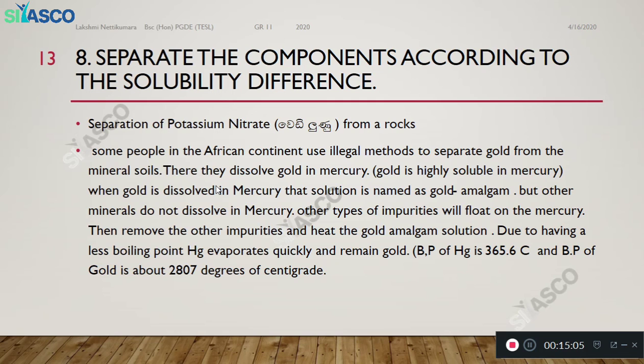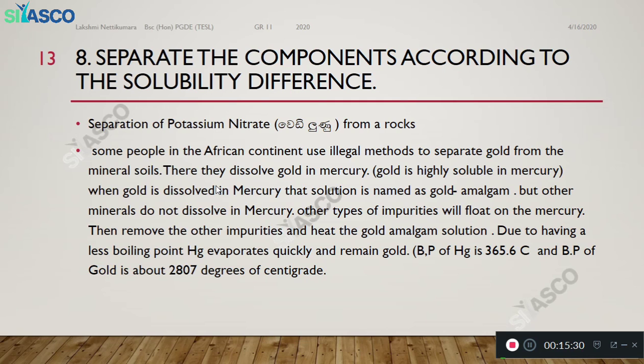Do you know from where you find high quality gold? Yes, Zimbabwe in Africa and the Amazon basins in Brazil are two such areas. You know that even though these countries are very rich in natural resources, the natives are poor.